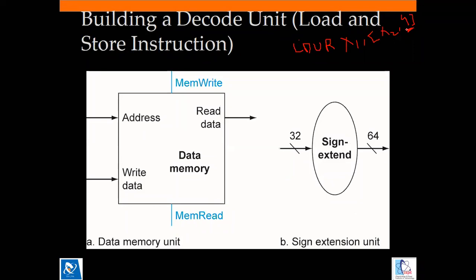Our ALU is able to perform operations over 64-bit data, so this value supposed to be converted into a 64-bit value. For that we require one specific piece of hardware, known as the sign extension hardware. Whatever smaller value is there would be expanded up to a 64-bit value.